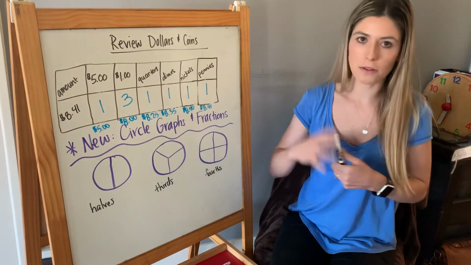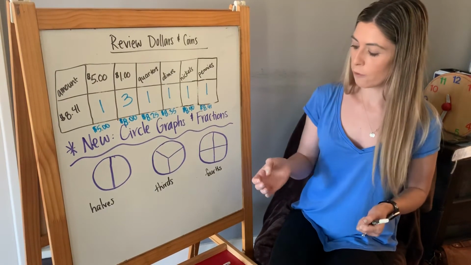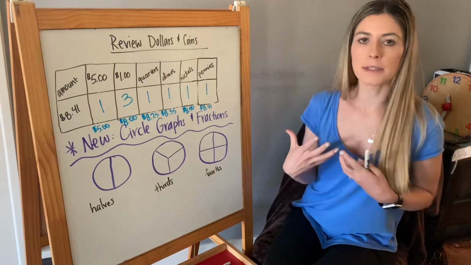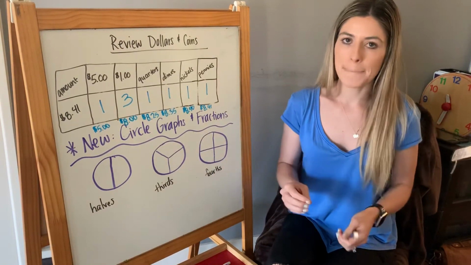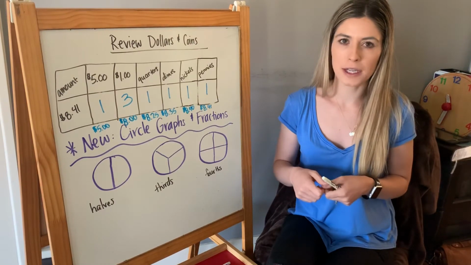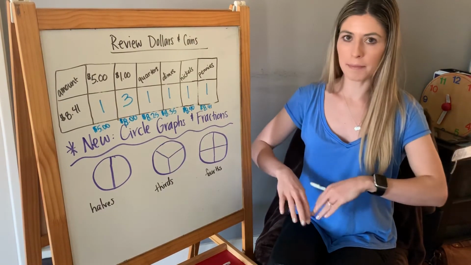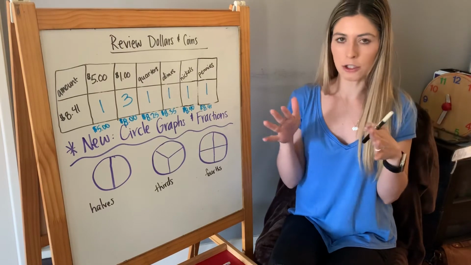Now, when we think about those numbers, halves, thirds, fourths, fourths sounds like it's the biggest because 4 is bigger than 3 and 2. But when we're talking fractions, as the number on the bottom gets bigger, the amount actually gets smaller.